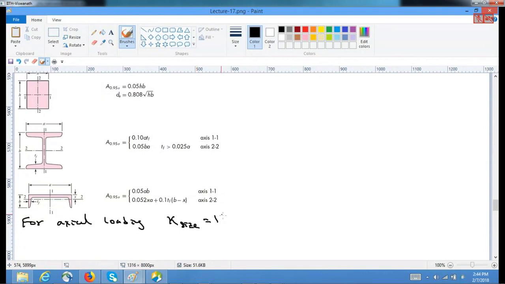The K size is equal to 1 for the correction factors, and then the next factor which we'll consider would be the reliability factors.